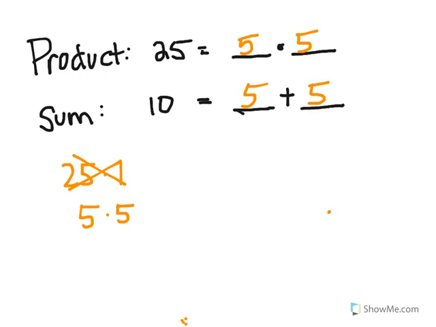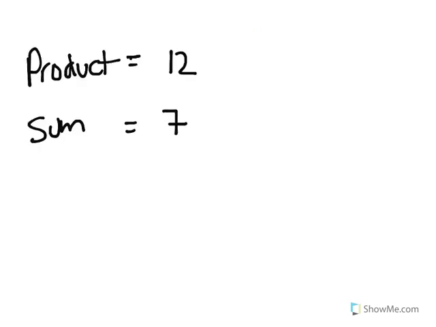Now your ability to come up with the two numbers is going to be very helpful in being able to factor. So let's practice it a few times. The product is 12. The sum is 7. I need to find two numbers that when I multiply them together give me 12, and when I add them together give me 7.